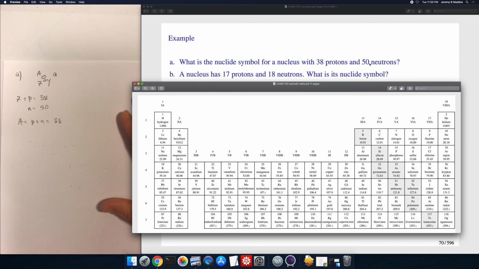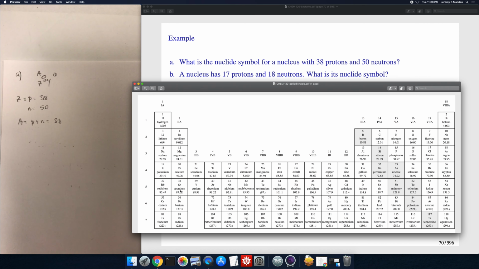You look to your periodic table, and it shows you the atoms listed in increasing order of atomic number. Hydrogen has an atomic number of 1, helium has an atomic number of 2, lithium has an atomic number of 3, and so on. So we want to find the atom that has 38 protons.